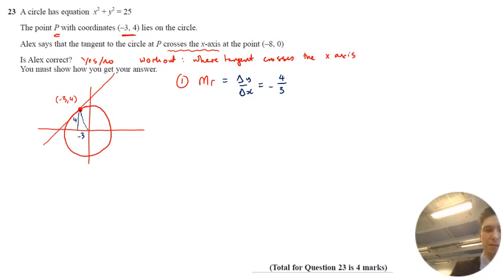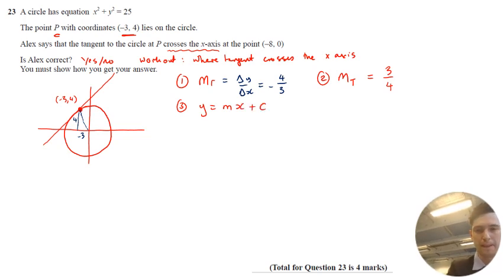My second step is I know that the radius and the tangent are perpendicular, so I need to take the negative reciprocal of minus 4 over 3. So it's going to be positive 3 over 4. Okay, my third step is to find the equation of the tangent, which I know is y equals mx plus c.